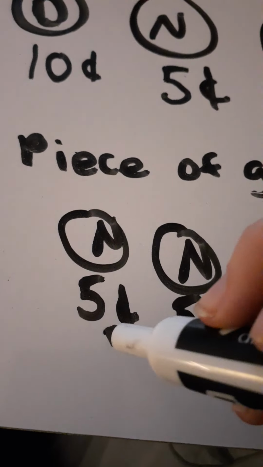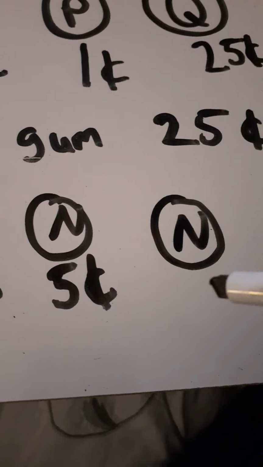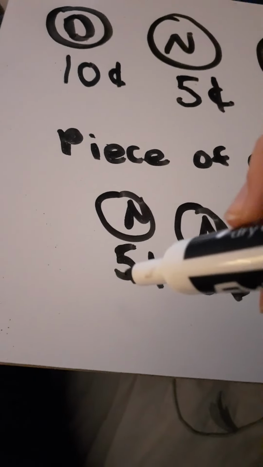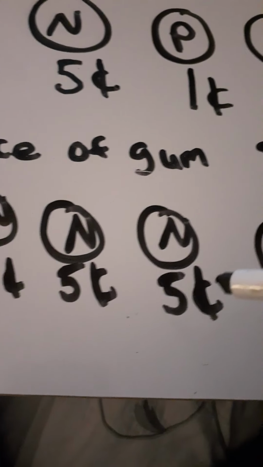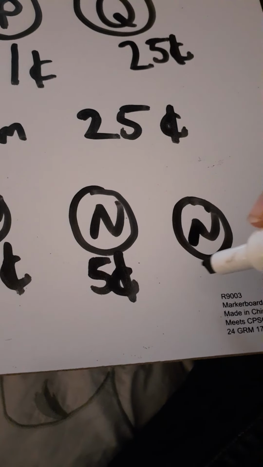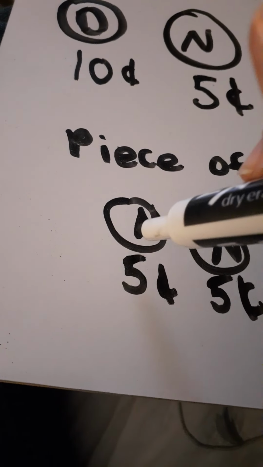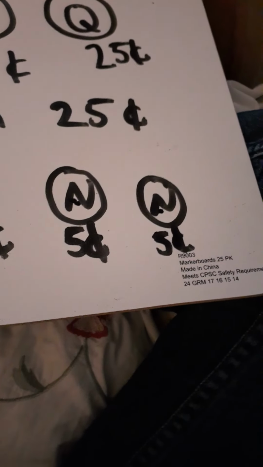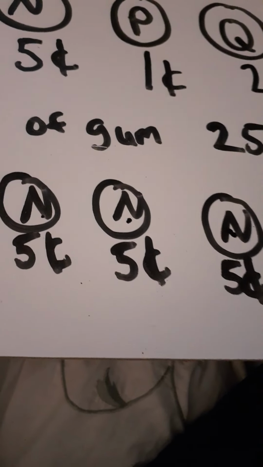And we could do 5, 10, 15, 20. And we just need 1 more nickel. So we have 5 cents, 10 cents, 15 cents, 20 cents. 20 plus 5 more is 25 cents. So let's see how many nickels this is. 1, 2, 3, 4, 5. 5 nickels. We could pay with 5 nickels.